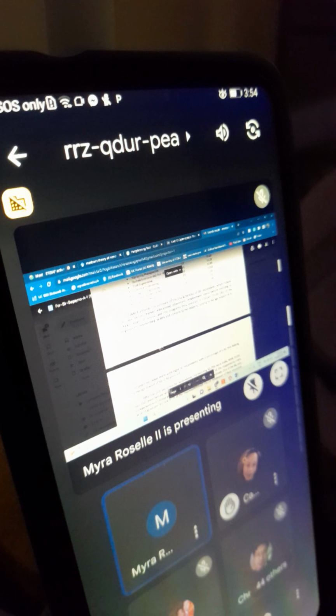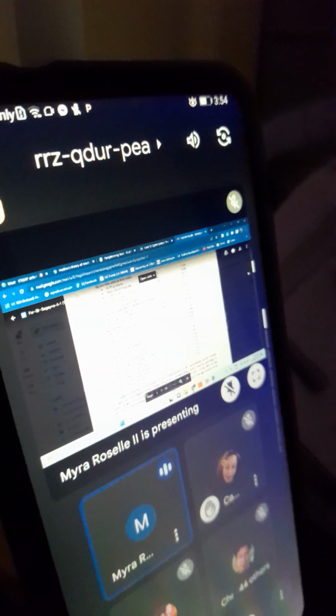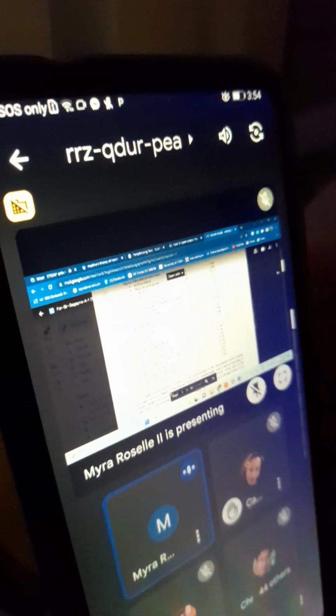Meaning, the first two paragraphs in the interpretation or presentation of data is a description. I-describe ninyo unsay naa sa inyong table. Understood? Right after the table, first two paragraphs, description of the result of the table.